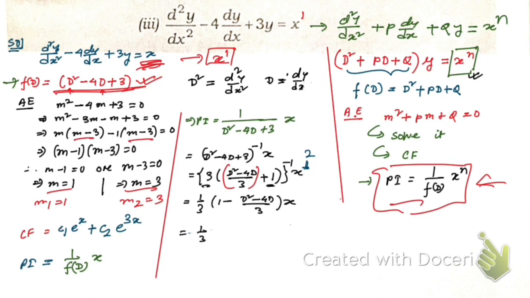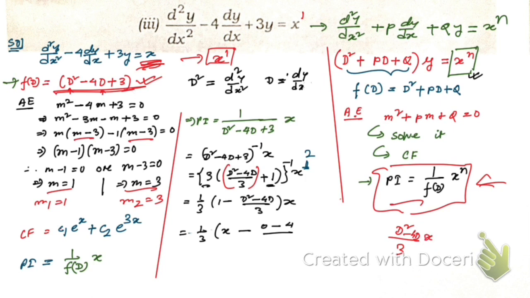Now 1 by 3, x into 1, we have got x here, then x into this, if you operate on x by this d square minus 4d by 3, then what you will get? Second order derivative of x is 0, right? And if you differentiate x once, then you will get 1 here. 4 ones are 4, right?